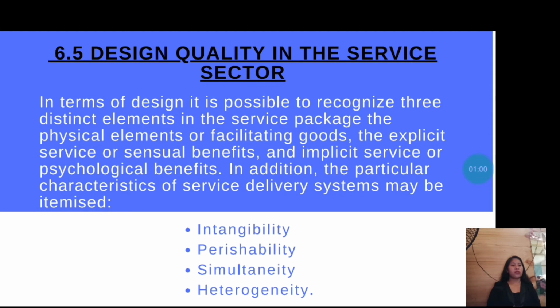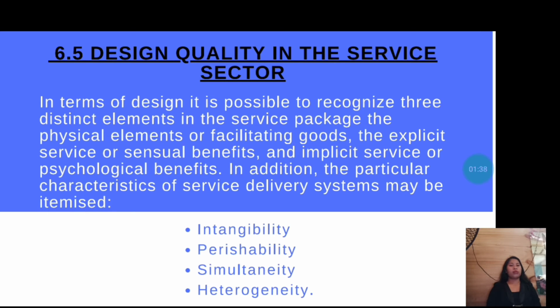So next is, what is intangibility? So intangibility is derived from the fact that you cannot see or touch a service. Next is perishability. So it is the quality of a good, beverage, or another service product that makes it expire or spoil quickly.